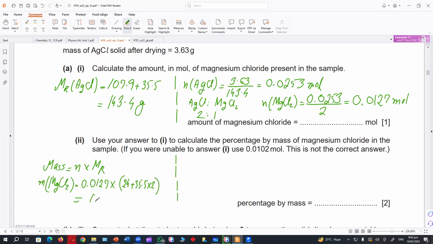Make a double check. What is the mass of magnesium in the periodic table? Is it 24 or 24 point something? It's 24.3.